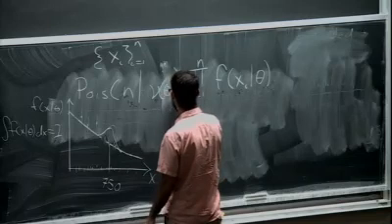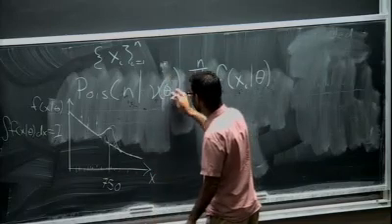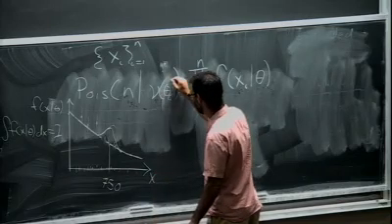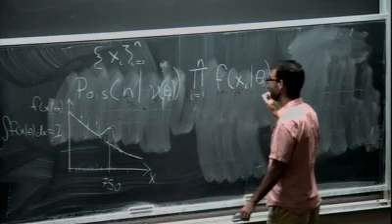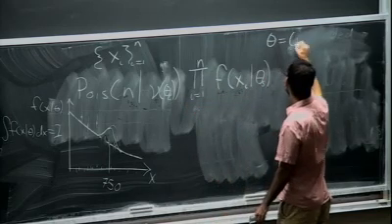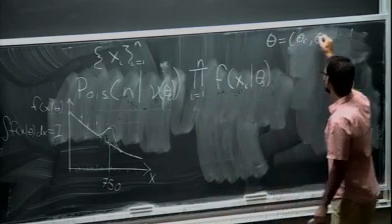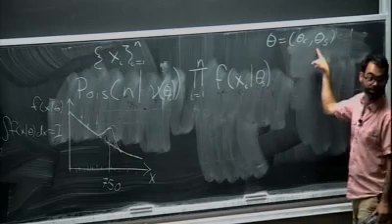So I'll call it theta for the counts, and theta for the shape, and all of my thetas get partitioned into theta for the count and theta for the shape.